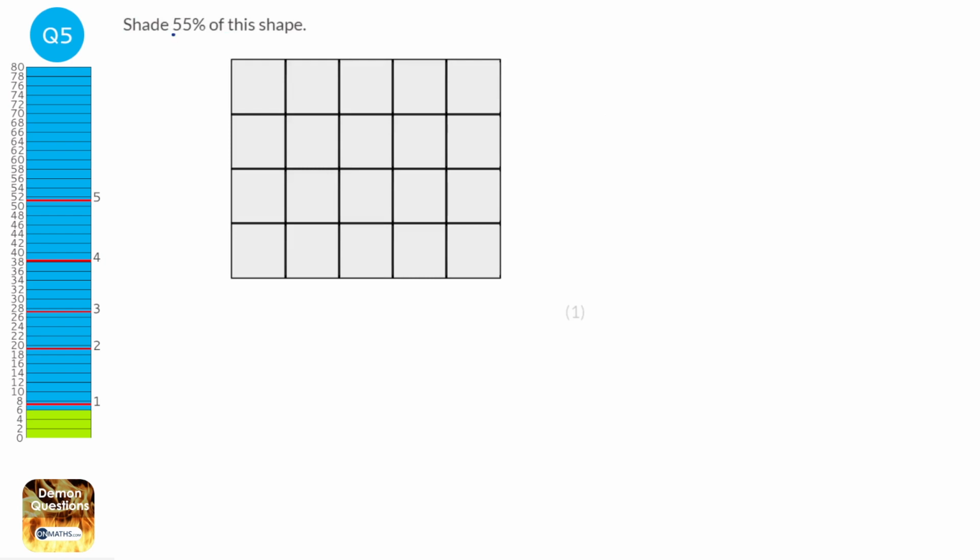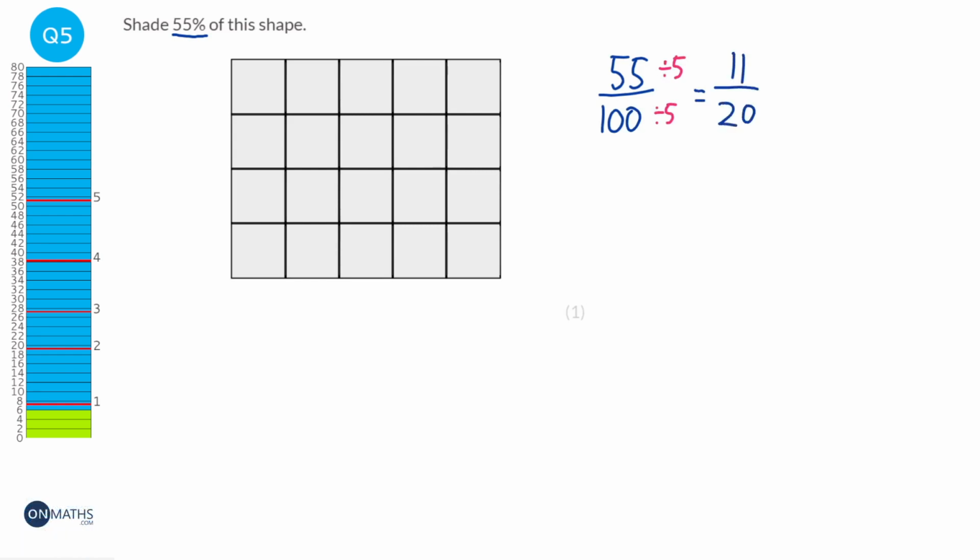55% is the same as 55 over 100. What I can do is divide the top and bottom of the fraction by 5, and that is going to equal 11 over 20. In total there are 20 squares here because there's 5 across and 4 down. 5 times 4 is 20.